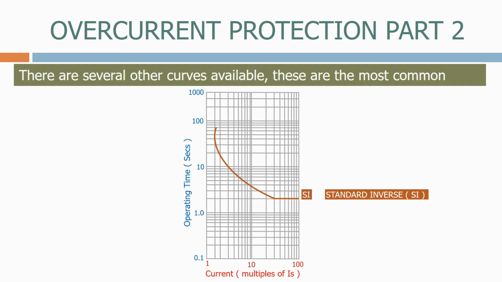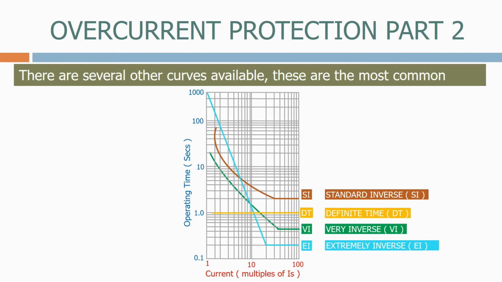There are several other curves available. These are the most common. Firstly, we have the definite time, or DT curve. For this curve, the operating time is constant across the full current range. We then have the very inverse, or VI curve, and the extremely inverse, EI curve.